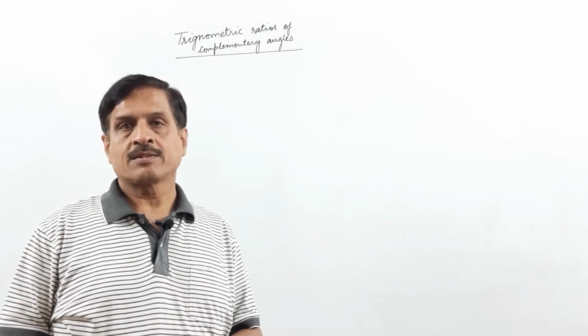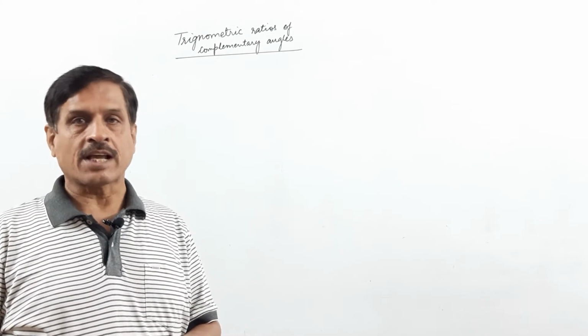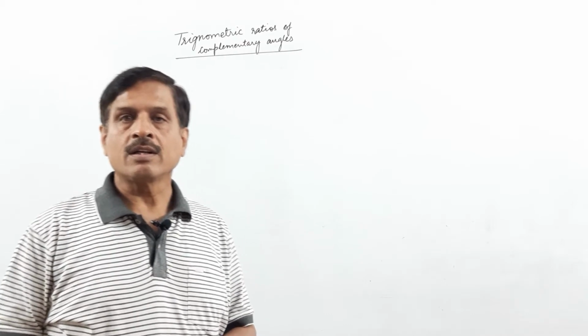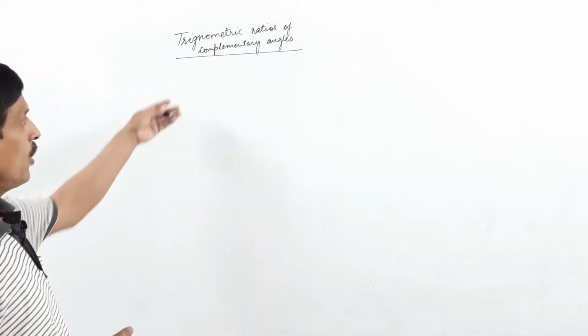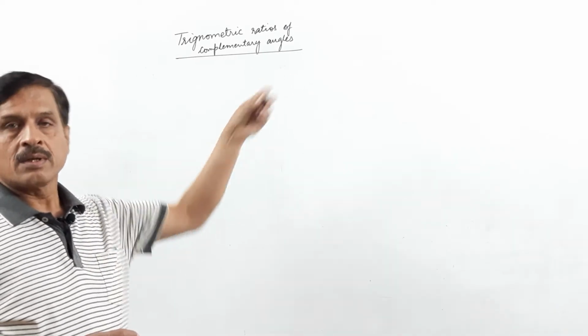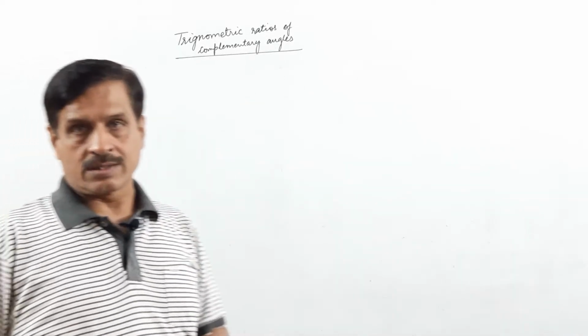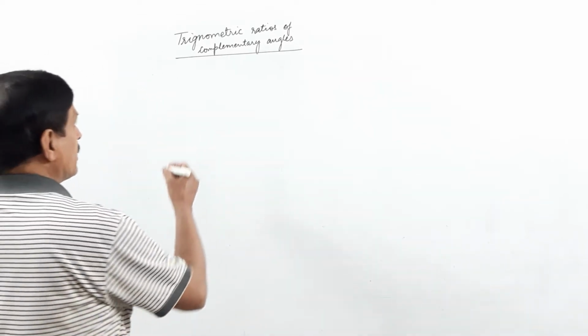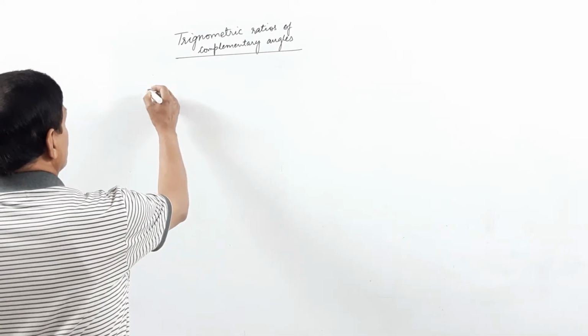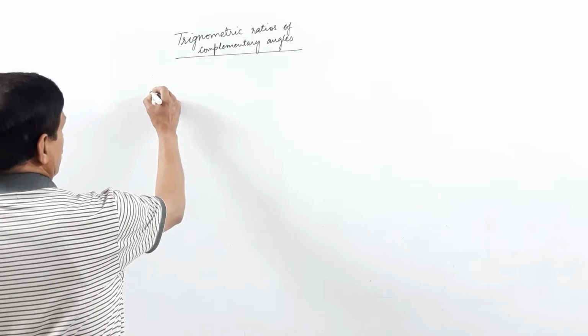Dear students, in this session we will learn about a new concept, that is trigonometric ratios of complementary angles. What are complementary angles? The complementary angles are the two angles whose sum is 90 degrees.